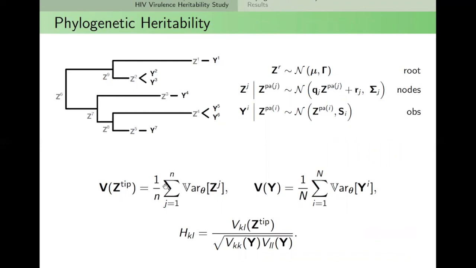So if the heritability is 1, it means that the trait is perfectly heritable, so this S matrix will be basically 0. And if the heritability is 0, this S matrix will be much higher than the process matrix. And so basically you're saying that all that matters is the interaction between the host and the virus.